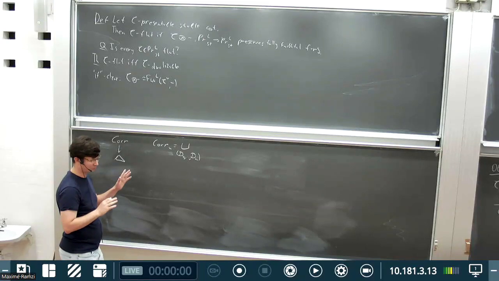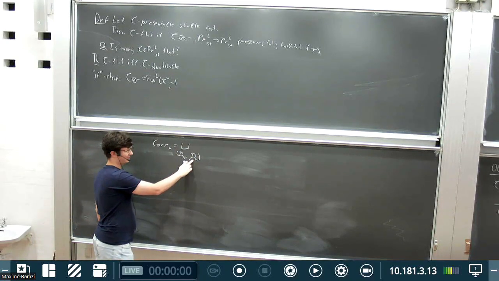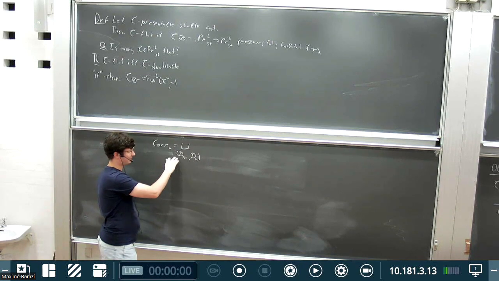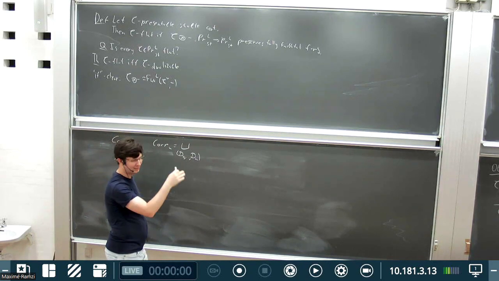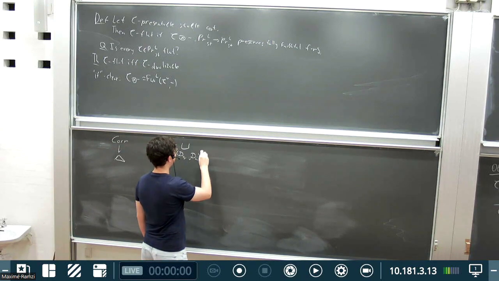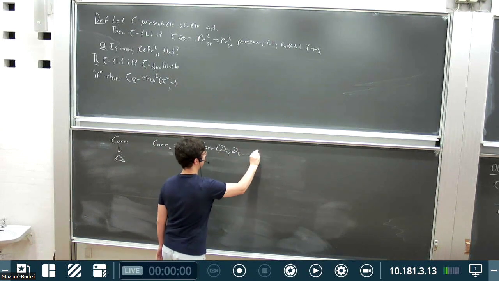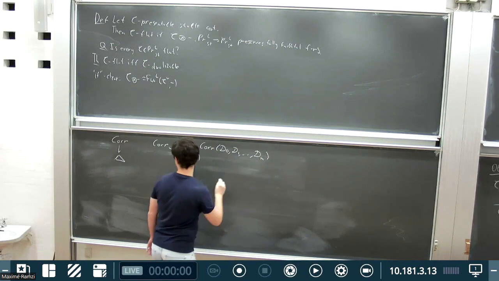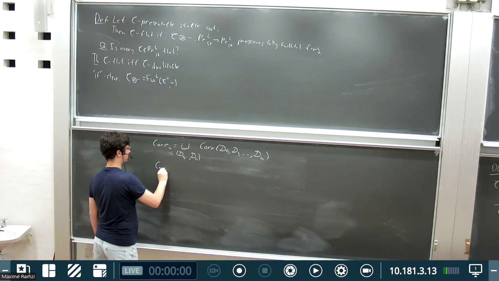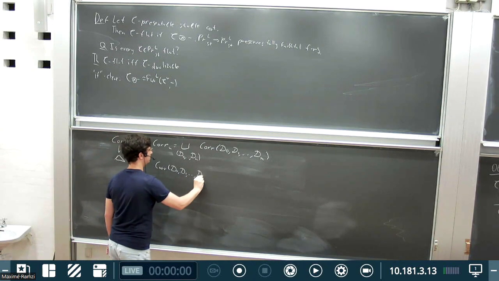I'm really ignoring set theory here, and I'm considering this as a set, not just equivalence classes, of all presentable stable categories. Let's denote them as correspondences D0, D1, etc., Dn.